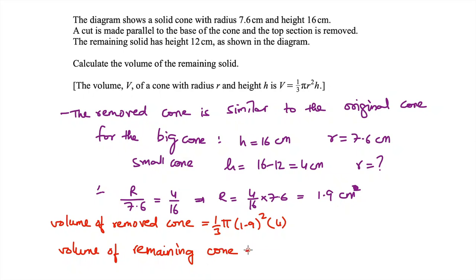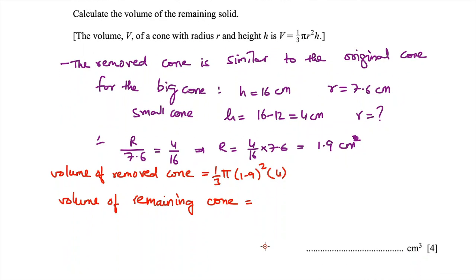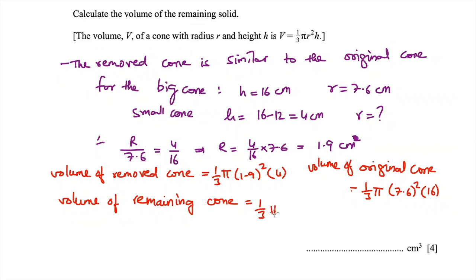The remaining cone would be equal to the volume of the big cone, and let us write volume of original cone. We can write it as 1 by 3 into pi into r square into h, so 7.6 whole square into 16. So the volume of the remaining cone is the bigger volume minus this smaller volume, 1.9 whole square into 4.